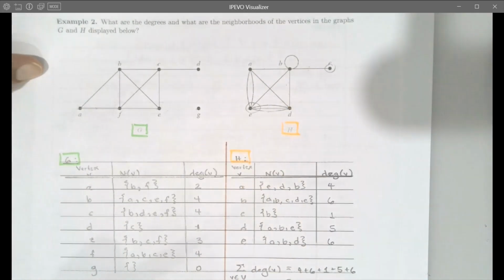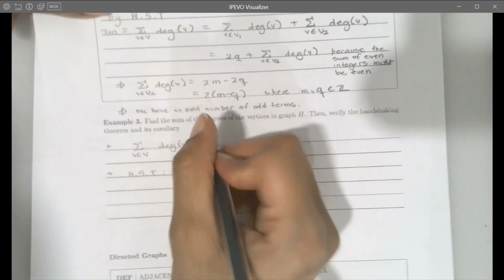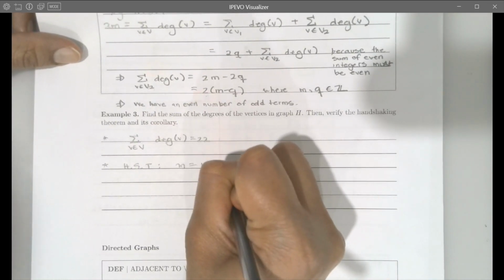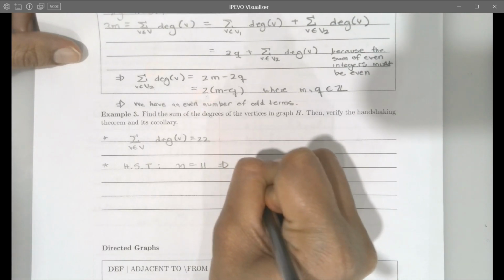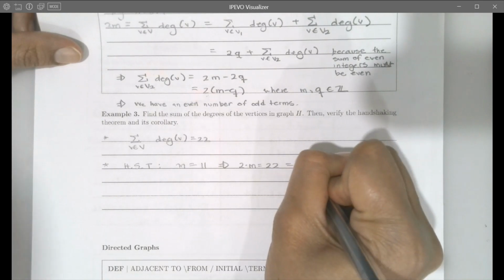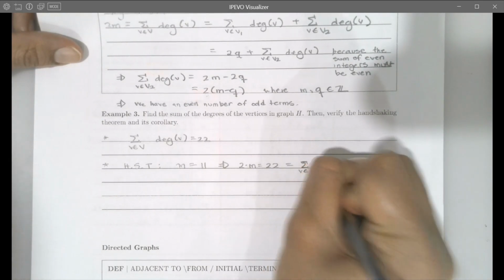We have 11 edges. And if we take 2 times that amount, we're going to get 22, which is the same as the sum of the degrees. So that verifies the theorem.